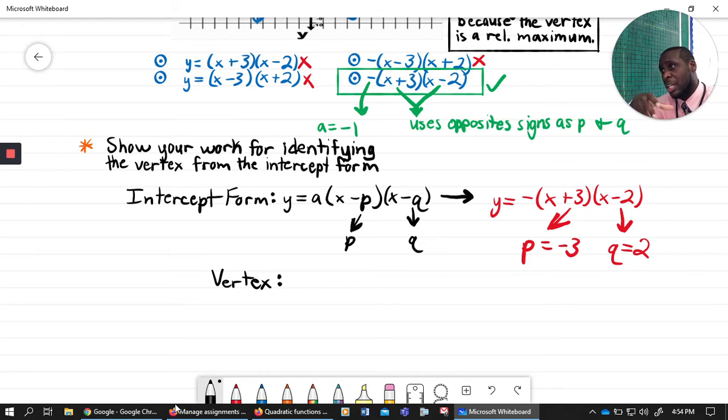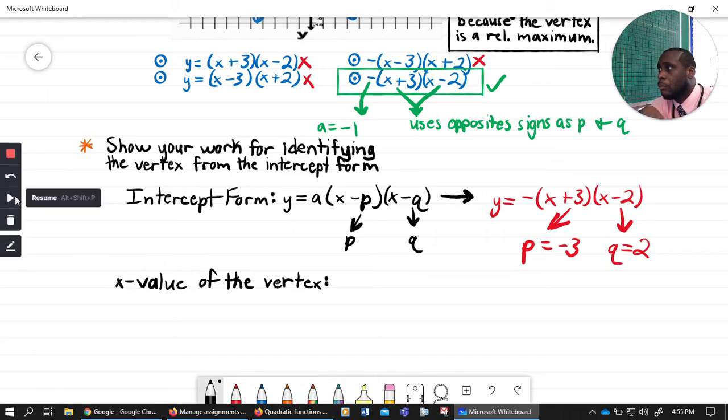To figure out the x value of the vertex, we've got to use this particular formula here. The x value of the vertex, you're going to use that P and that Q. It's almost like taking the average of the P and the Q value.